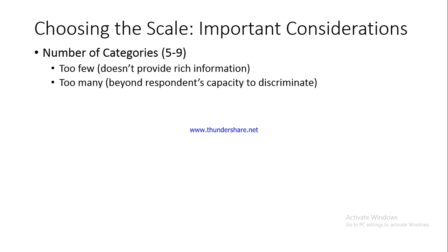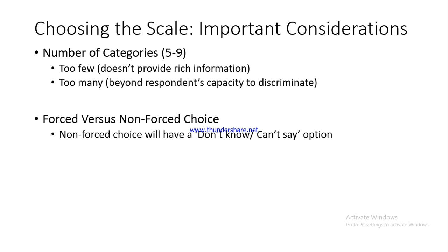Okay, now another important aspect that we have to take into account is whether you are going to go for a forced choice scale or a non-forced choice. What do we mean by a forced choice scale? Forced choice means the respondent, even if he doesn't know the answer, does not have a choice.